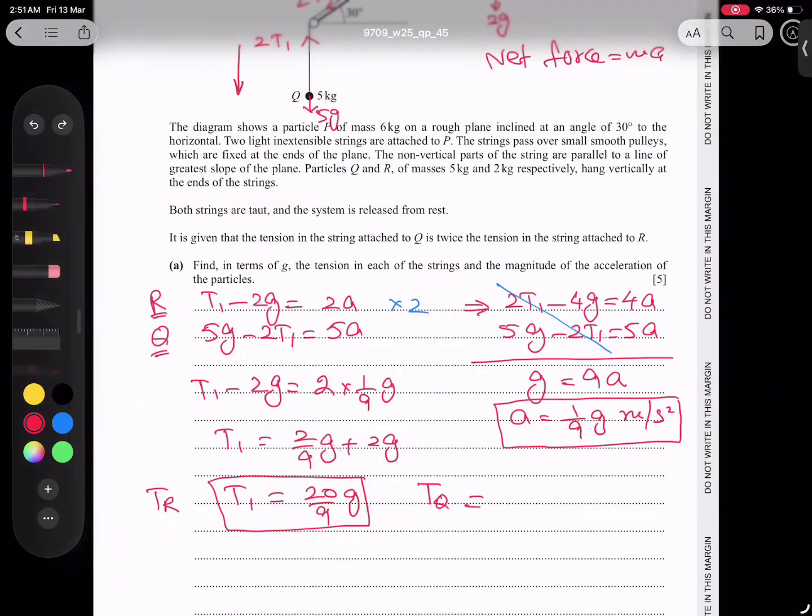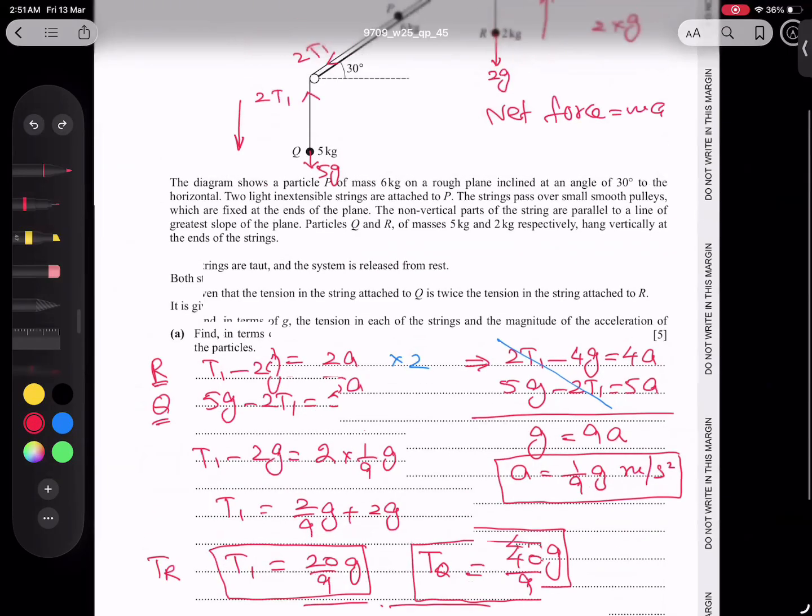So I got 2 times 20 over 9 g, which is 40 over 9 g. So we got both tensions, because he said to find the tension in each string and the magnitude of the acceleration. We have done it. So the first part of 5 marks is over.